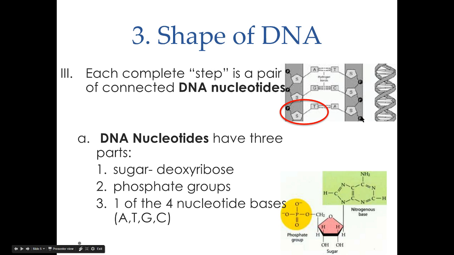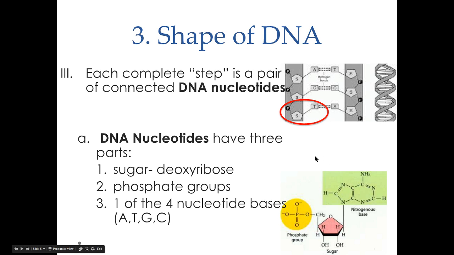So here's another DNA nucleotide. It's a phosphate, a sugar, and a base. The step is between these two. So these two nucleotides make a step. So this would be this strand, this would be this, and these two would be represented by these right here. So these are the steps or rungs going up the DNA.